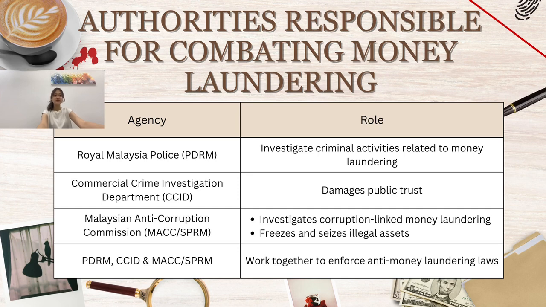And thirdly is the Malaysian Anti-Corruption Commission, known as MACC or SPRM. They focus on corruption-related money laundering, and they also have the authority to freeze and seize illegally obtained assets. By working together, these agencies help enforce anti-money laundering laws, prevent financial crimes, and protect Malaysia's financial system.